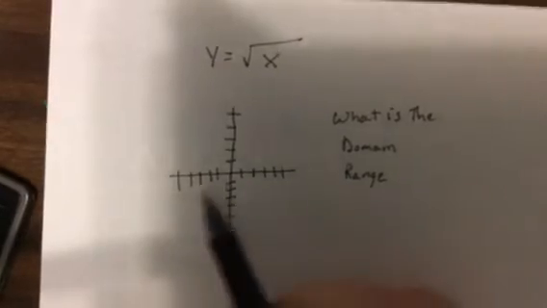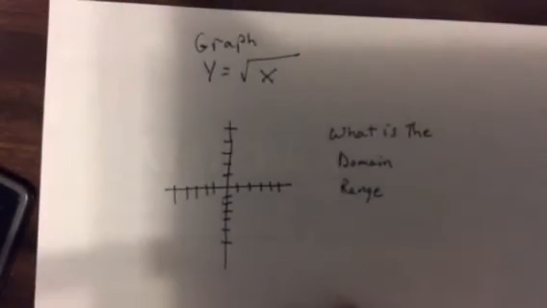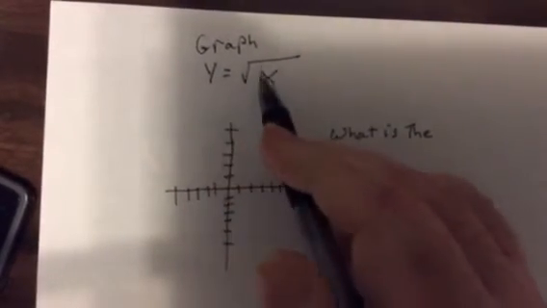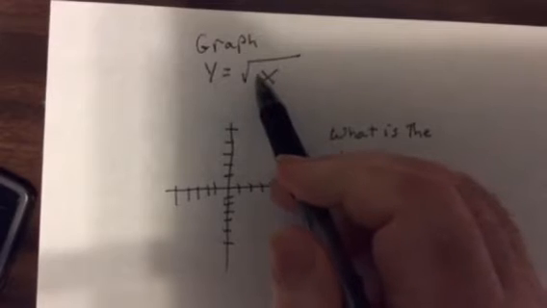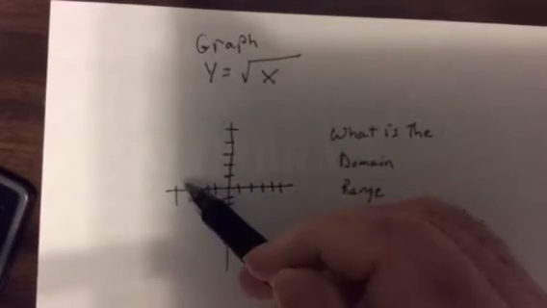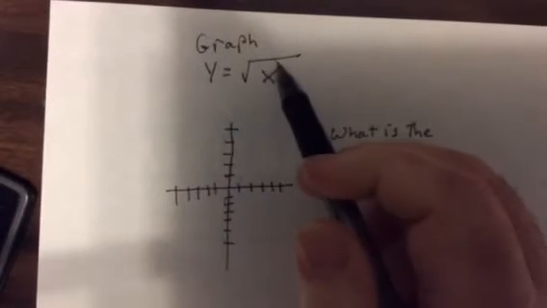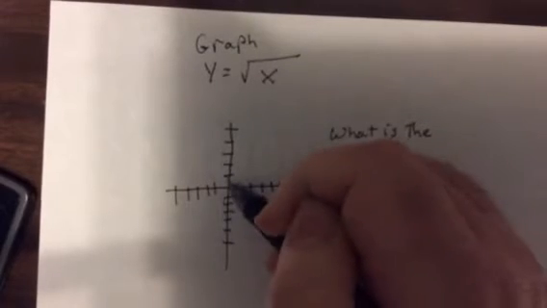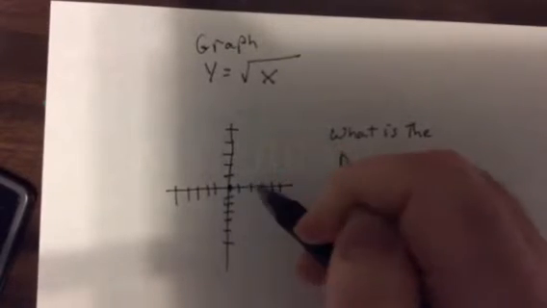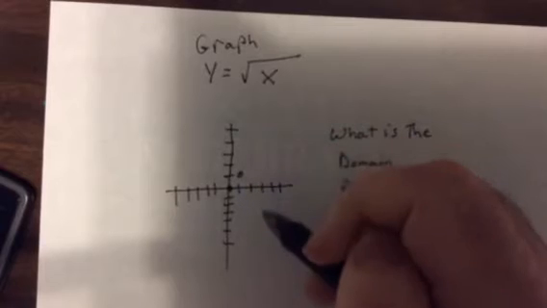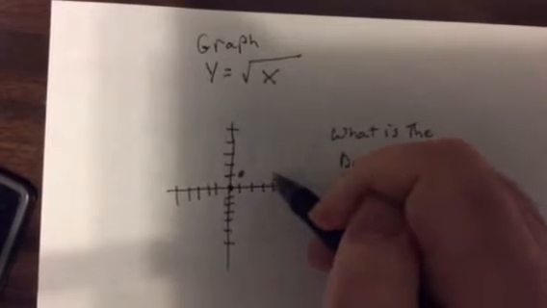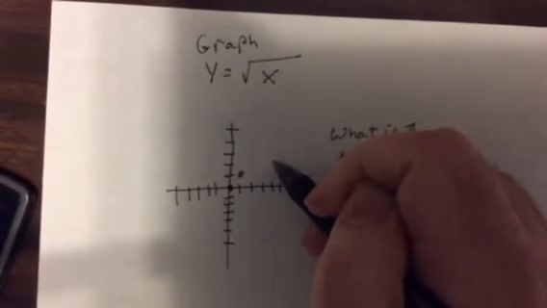Okay, so the problem is to graph the square root of x. Remember, you can't put in negatives on a real number system, so 0 would be our starting point. Then put in 1, you get 1. Put in 4, you get 2.